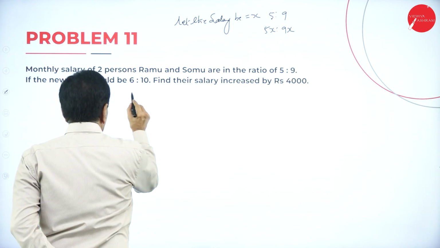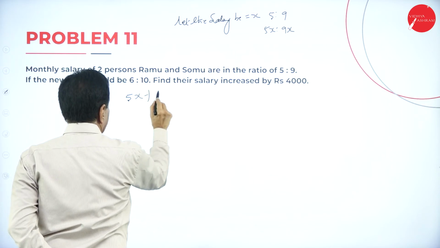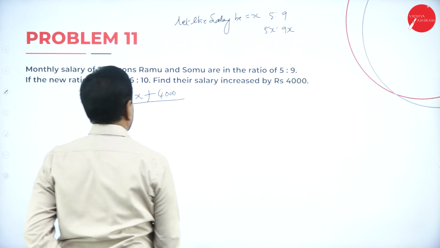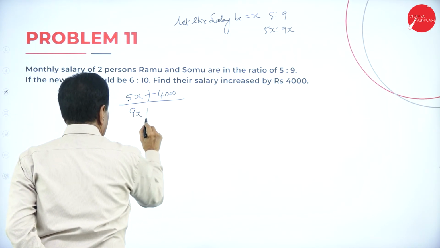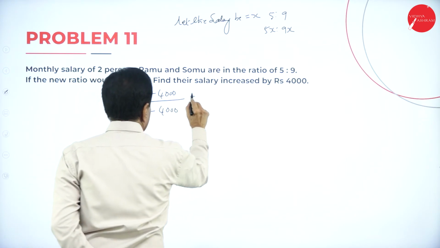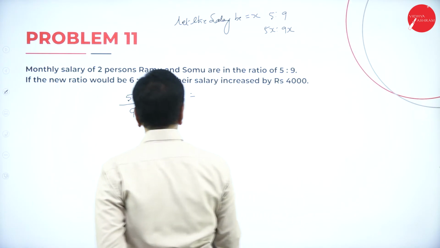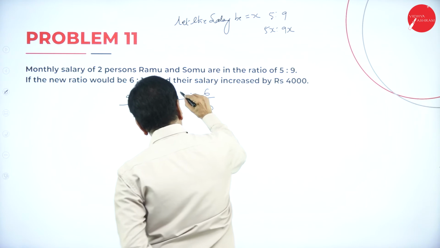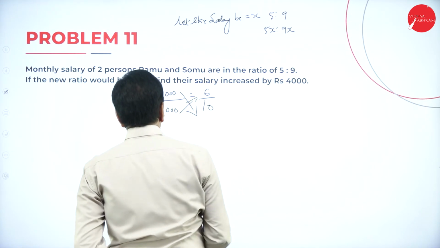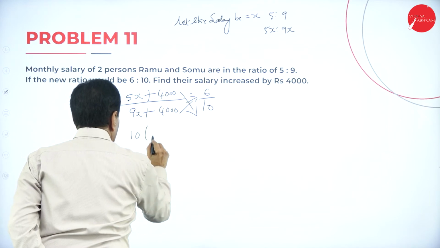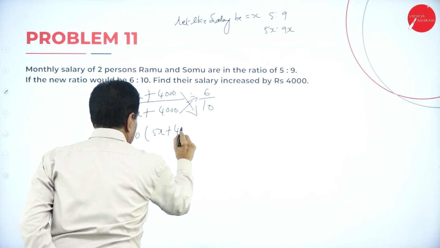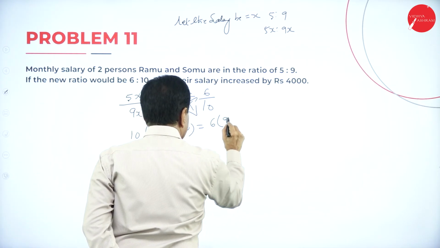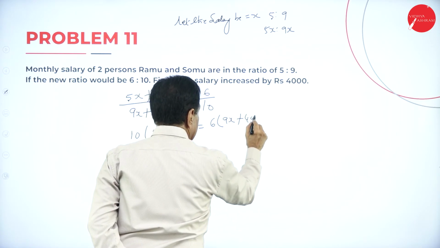We can write 5x increased by how much? 4,000, divided by 9x increased by 4,000. They are in the ratio of 6:10, means 6/10. So cross multiply. 10 into 5x plus 4,000 is equal to 6 into 9x plus 4,000.